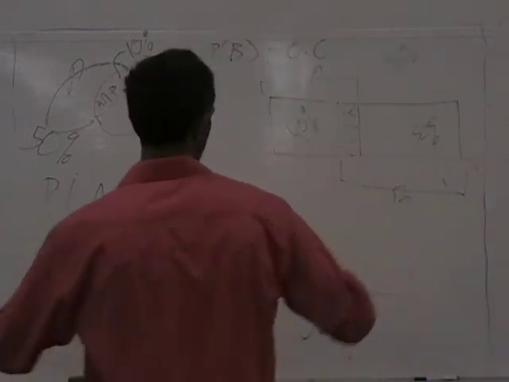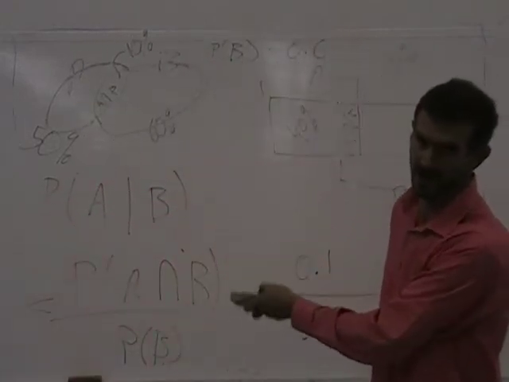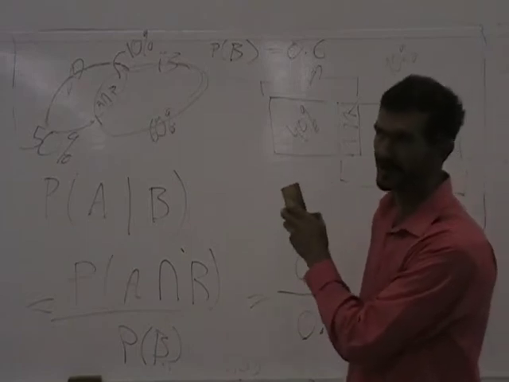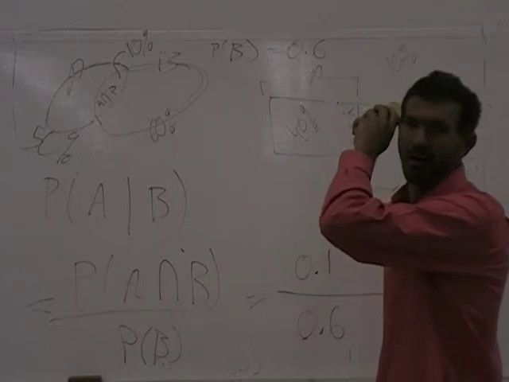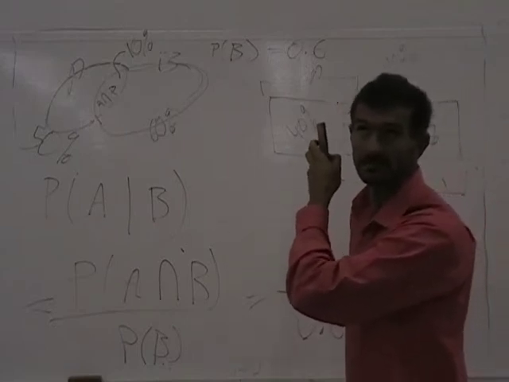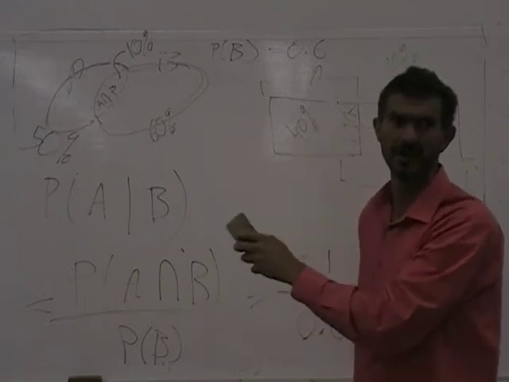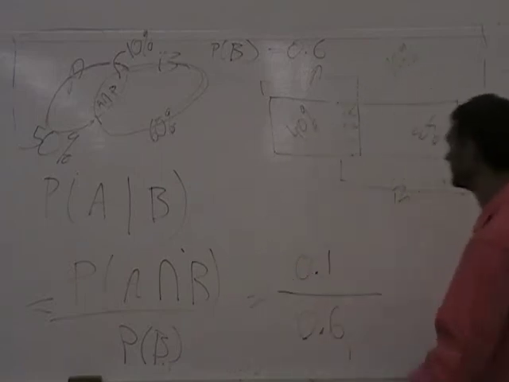Now, conditional probability is the start of the horror of discrete combinatorial event statistics.